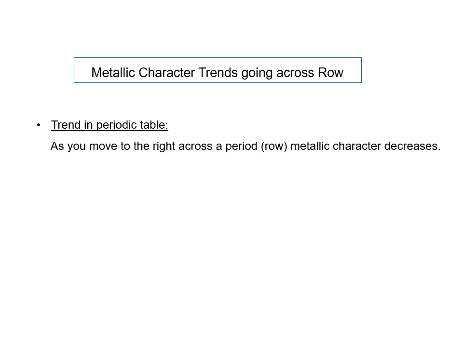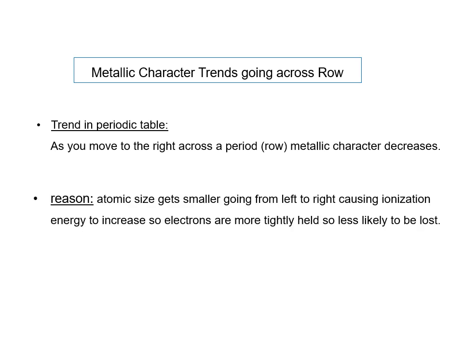So the trend is as you move to the right across a period, metallic character decreases, which means that those elements towards the right have a lower tendency to lose an electron. And this makes sense because remember we said as you move from left to right, ionization energy increases, right?